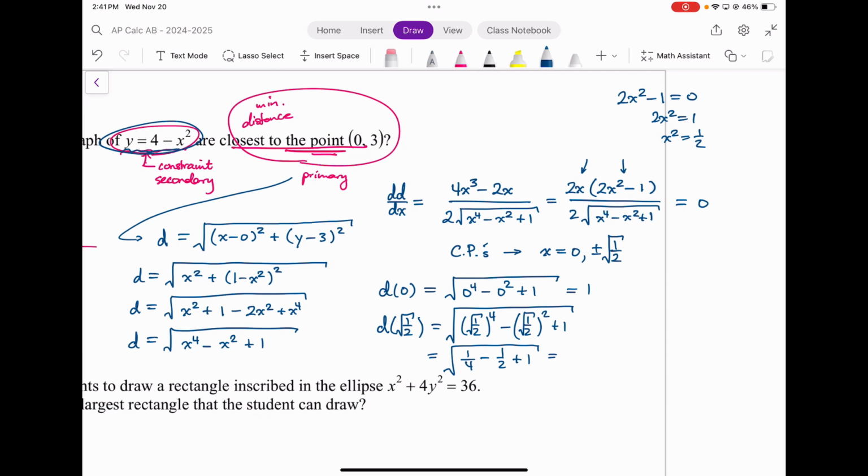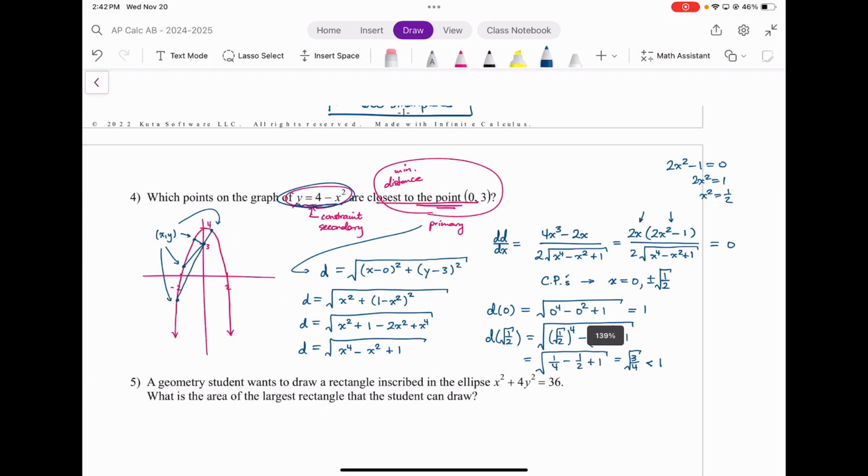So this is going to be 1 minus 1/4. So that's the square root of 3/4, it looks like. So is that right? Yeah, I think that's right. Which is less than 1, right?